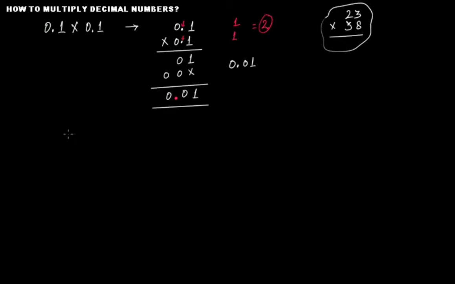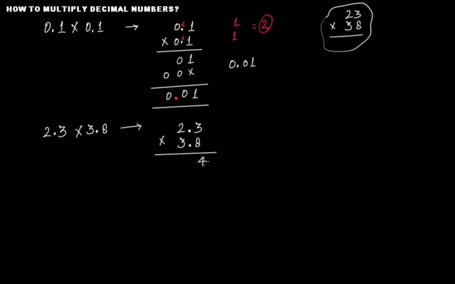Let's take this one only. If I say that we have to multiply 2.3 and 3.8, okay, just treat it like any other multiplication. 2.3 multiplied by 3.8. Okay, for a moment just forget these two decimal points. Simply think that we are multiplying 23 and 38.